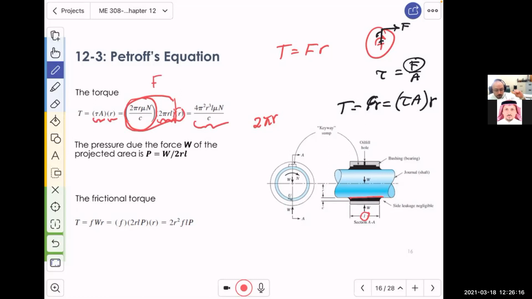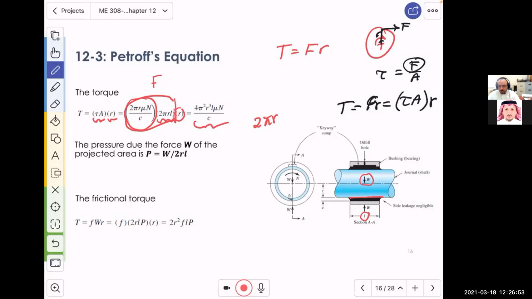Now, if we look into the frictional torque, then the frictional torque is supposed to be equal to what, ya shabab? Look, there is a weight which is being carried by the journal, right? Makes sense. So if I look at that weight and multiply it by the friction, this is the friction force.